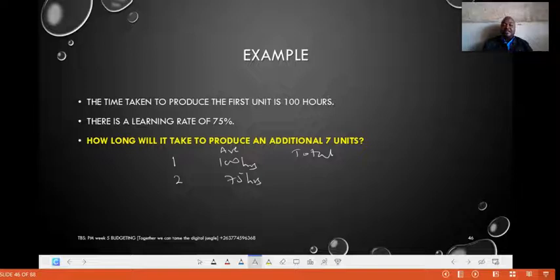And the first one was 100 hours total. Then the second one, the 2 units in total, took 150 hours. That is 2 multiplied by 75. What about when these 2 units were doubled to become 4? Then it means that the average time per unit should be 75 multiplied by 75%.